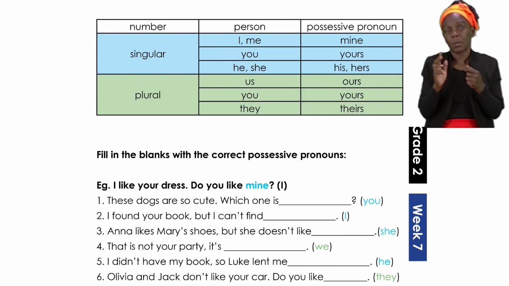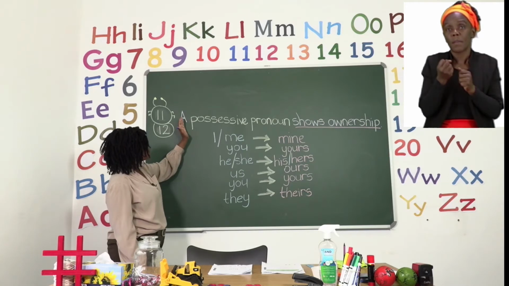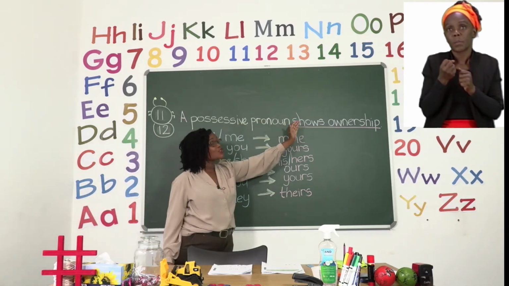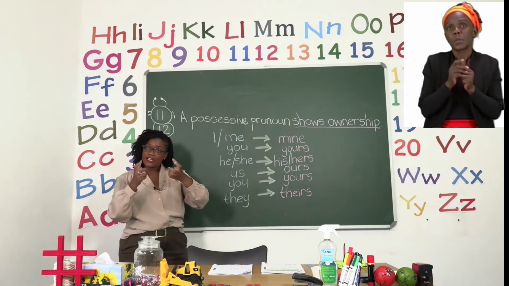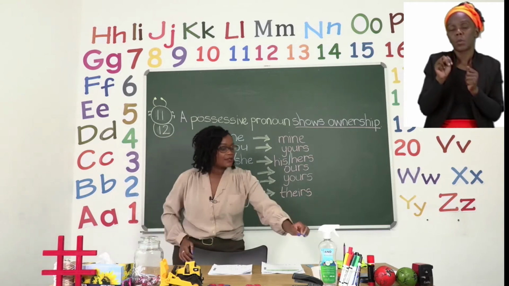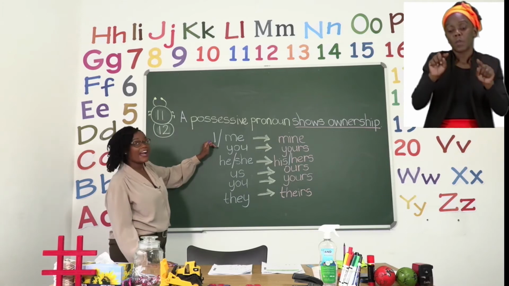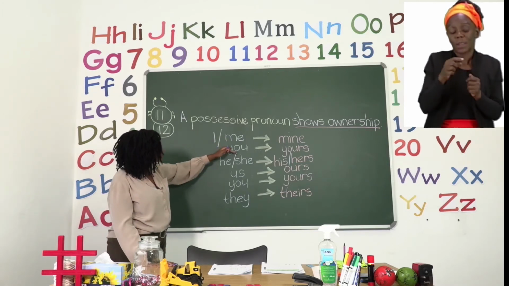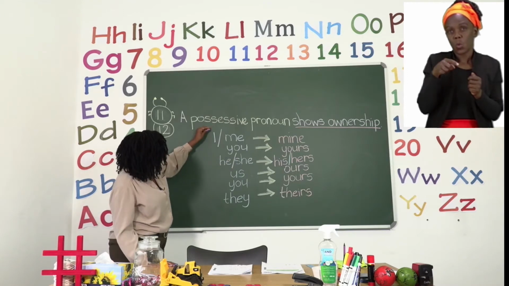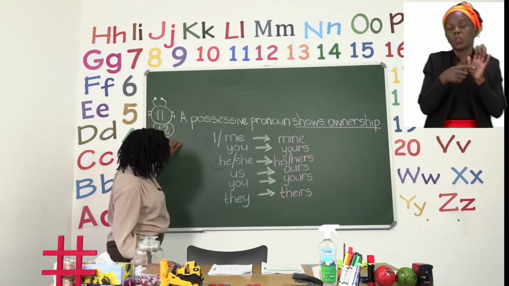But just before we do, let's take a look at the singular and plurals. So on the board, I have put both singular and plurals, but I want you to remember that a possessive pronoun shows ownership, meaning something belonging to someone. Now, when we only have one person, we say that it is singular, which means words like I or me, you, he or she show that this is only for one person.